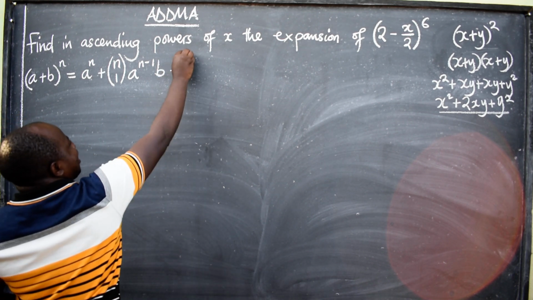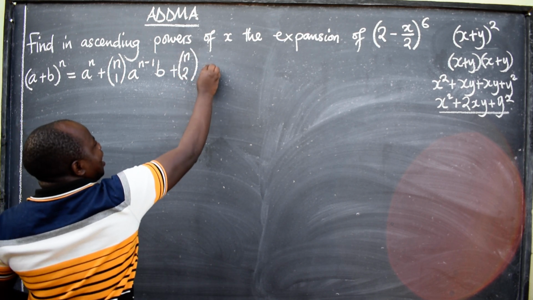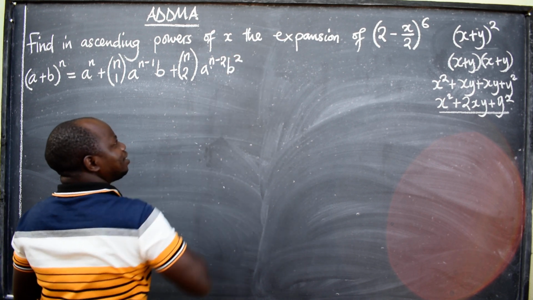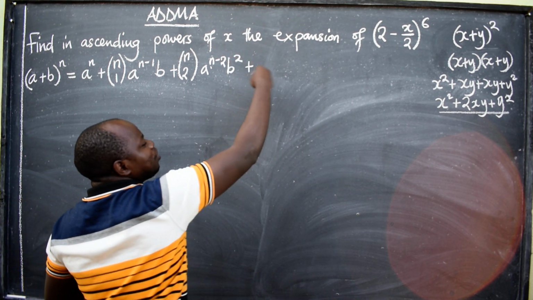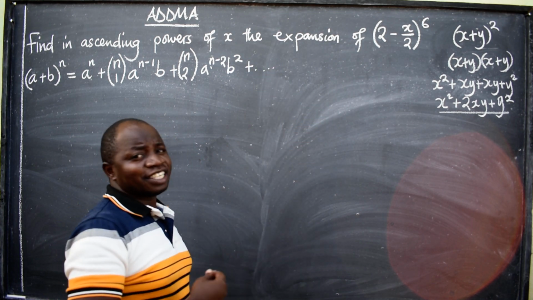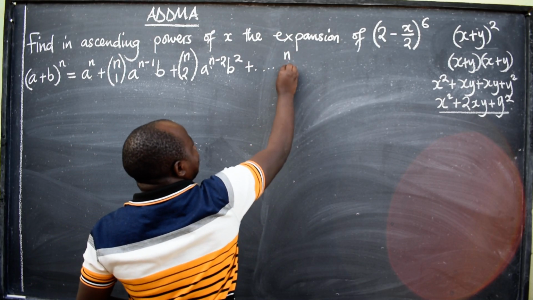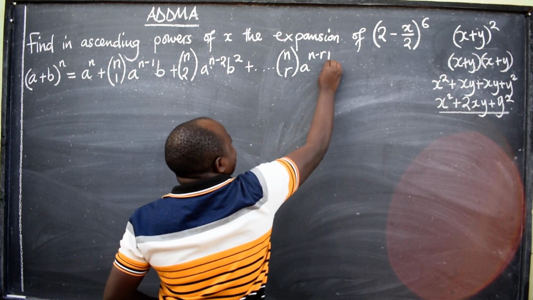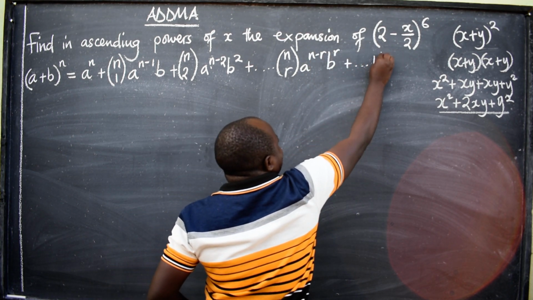Plus n choose 2, a to the n minus 2 b squared, plus it goes on and on until it gives us a general formula, which is n choose r, a to the n minus r, b to the r, and so on.